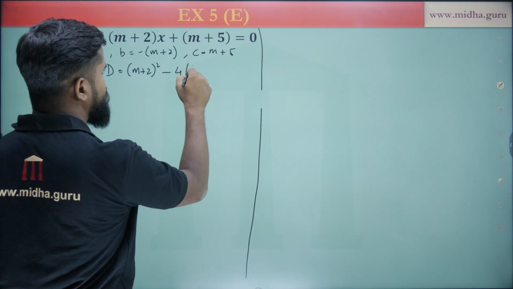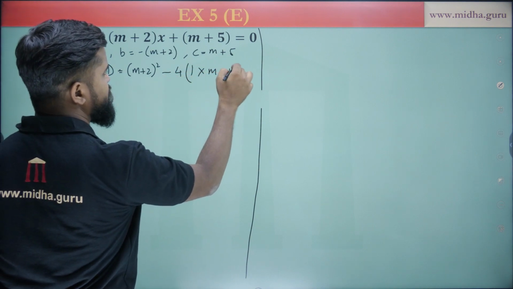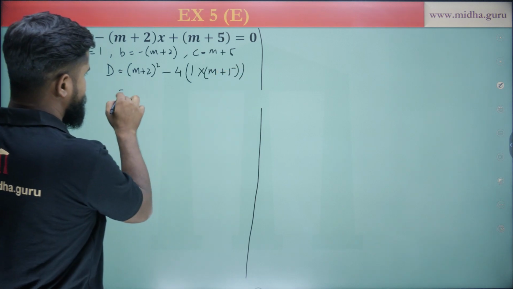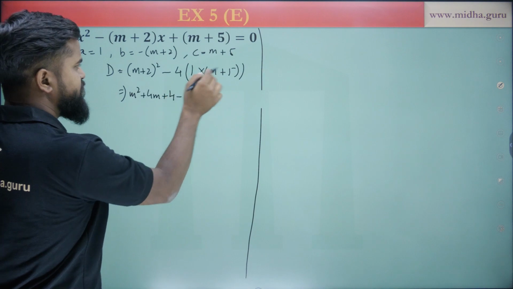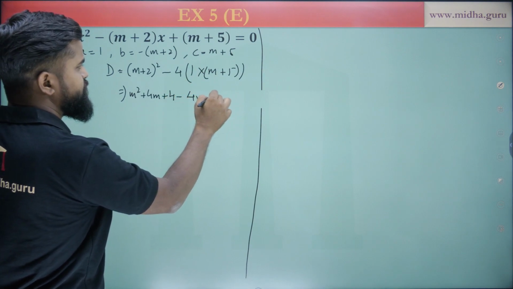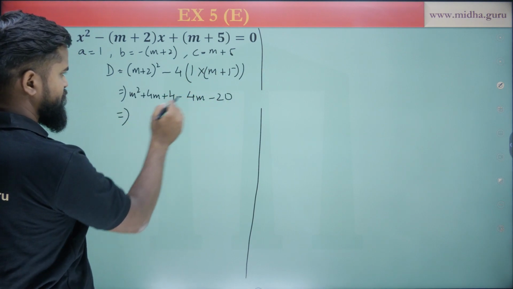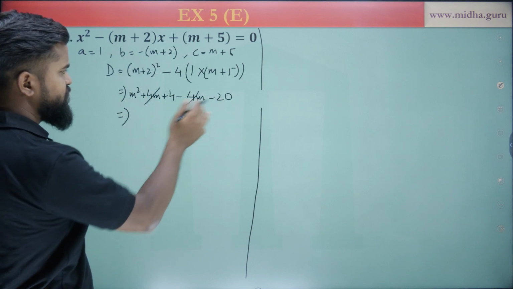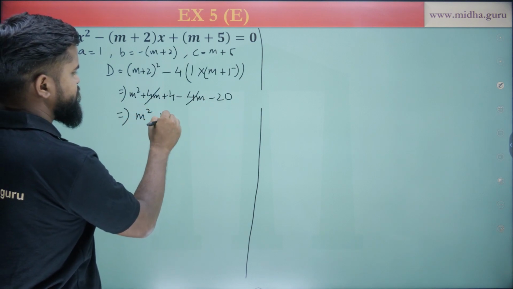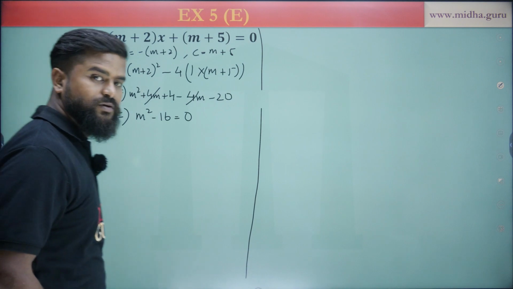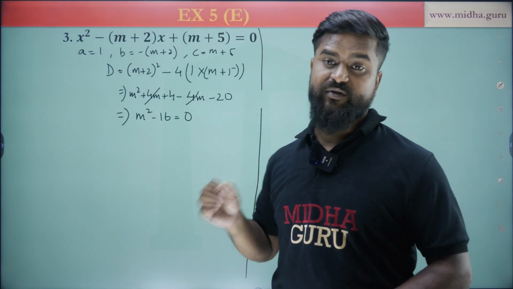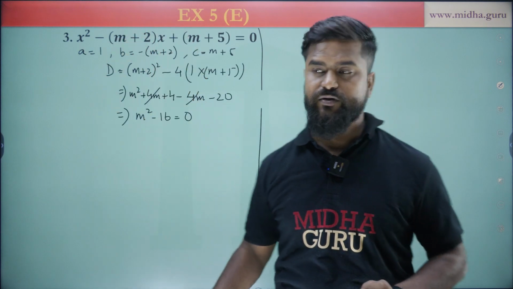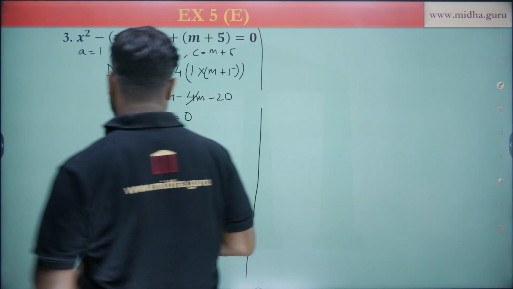So minus 4 into 1 into (m plus 5). So we have m squared plus 4m plus 4 minus 4m minus 20. So 4m and minus 4m get cancelled, and when we do that we get m squared minus 16 is equal to 0. Now this came 0 from the fact that we know that it has equal roots, so the discriminant must be equal to 0.